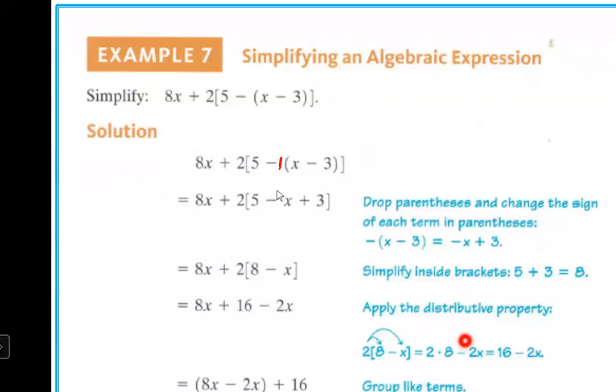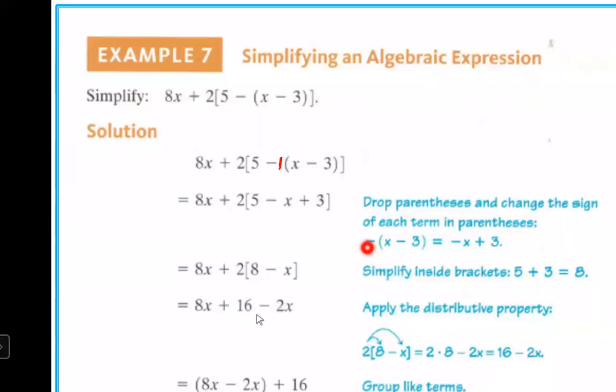Okay. So once you do that, then you're going to get rid of the innermost bracket. So you're going to end up with 5 minus x plus 3. And then you still have that. You have some like terms in the bracket, so you could combine them. 5 plus 3 is 8. So that's going to give you 8 minus x. So once you simplify that, then you could do the distributive property. 2 times 8 is 16. 2 times x, in this case, that's minus x, will give you minus 2x.